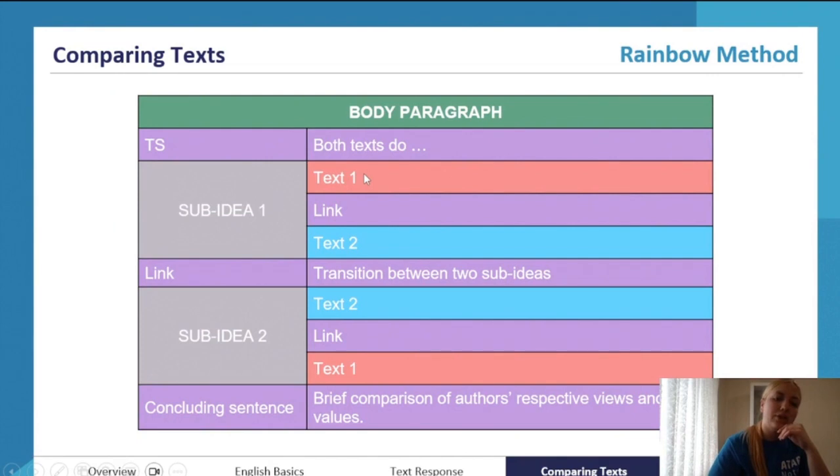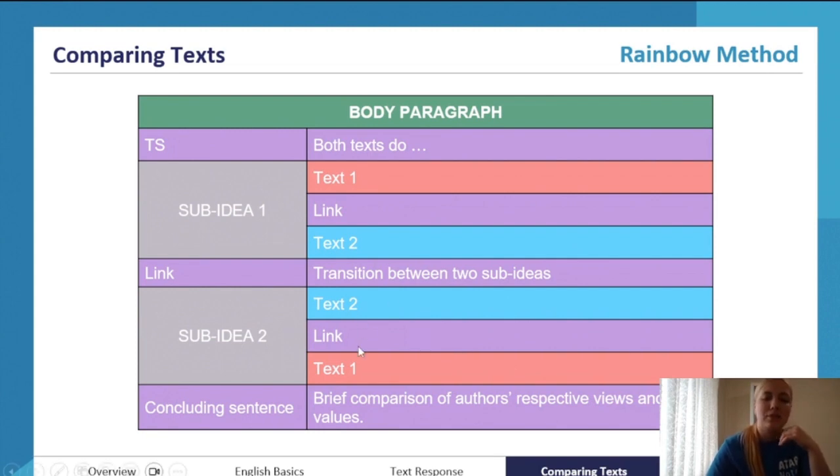So we see that you really just keep linking between texts. You analyze something in text one, then you link in that this is either similar or different in text two, to provide some evidence. You keep doing this until you're satisfied. Then you transition to a different sub idea for that argument, because you should have more than one thing that you're trying to prove or justify within the argument.